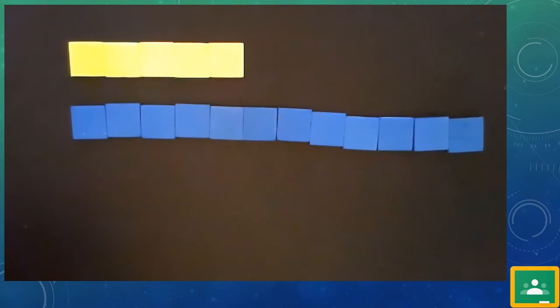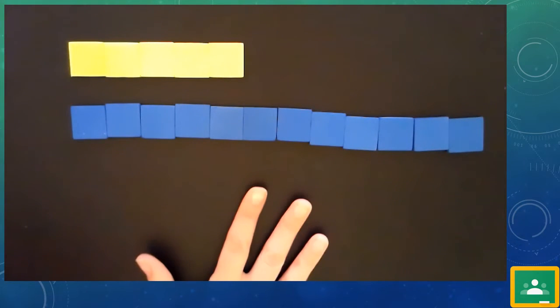So just like you saw in that picture during your pause and think, how many more is all about comparing two different numbers. In the picture, you saw red cubes and blue cubes. Those are two different groups, two different numbers.